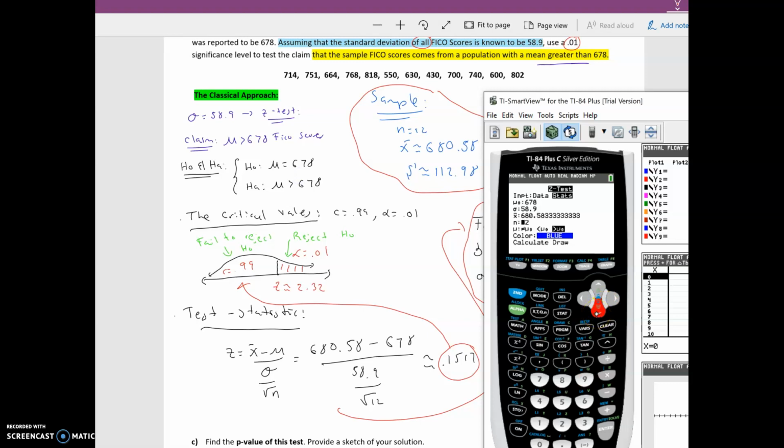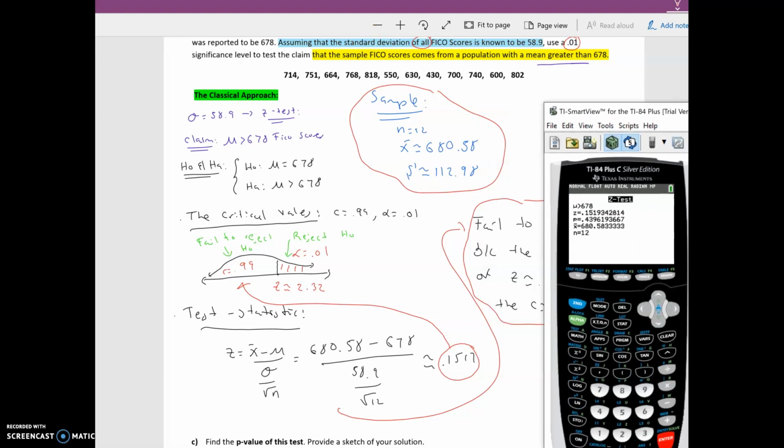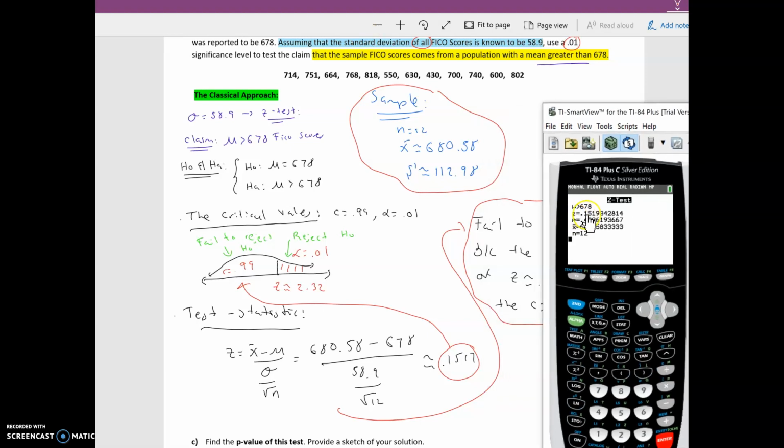We have a total of 12 values. It's a right tail test, and what you're going to see here is the actual test statistic. The 0.15 is what we found while doing this really messy calculation. Now, here's your p-value, 0.43.